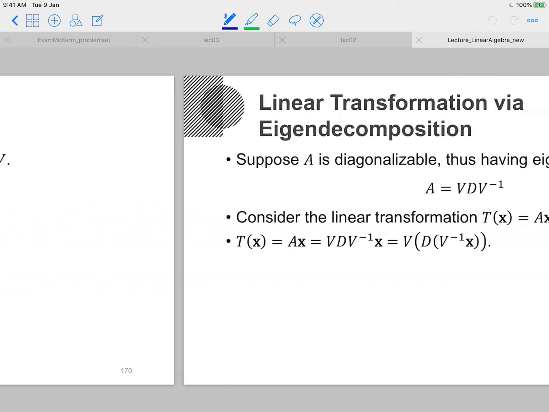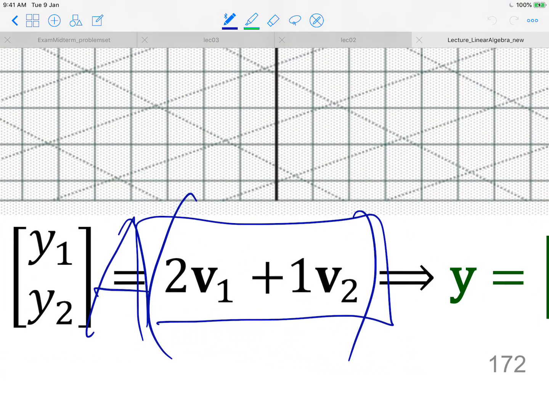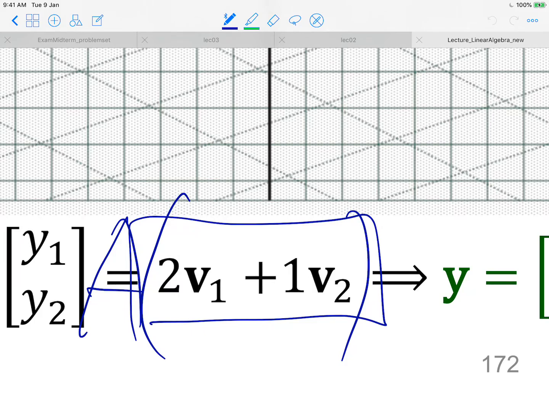Right. So if you recall this example, we first represent the given input vector as a linear combination of our eigenvectors, right? Let's assume that V1 is the eigenvector with the largest eigenvalue, and the other has the smaller eigenvalue. What if our given input vector has a zero coefficient on V1 in that linear combination?